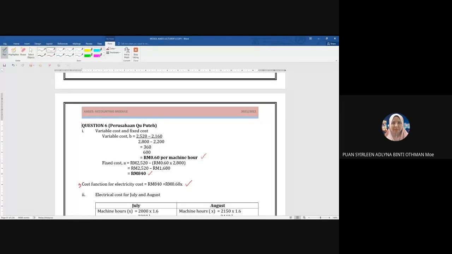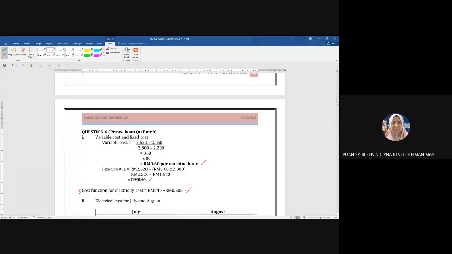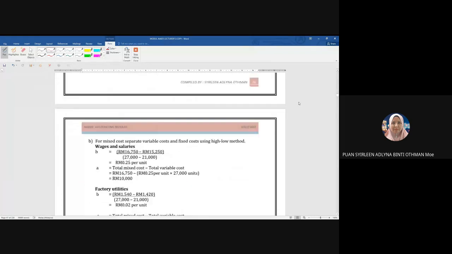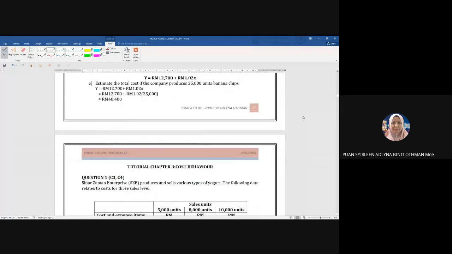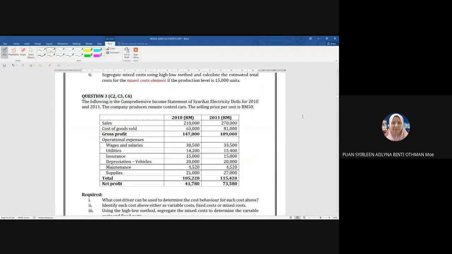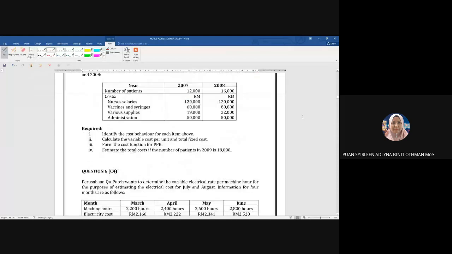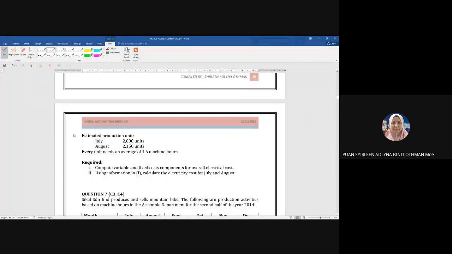Sebelum tu, kamu tengok soalan. Sebab tak ada orang tanya dekat saya semalam, so saya beranggapan you faham lah. Apa function dia bagi kamu estimation production unit ni? Kenapa dia bagi you estimation production unit ni? Sebab you akan guna production unit ni untuk kira machine hours. Sebab setiap unit perlukan 1.6 machine hours.